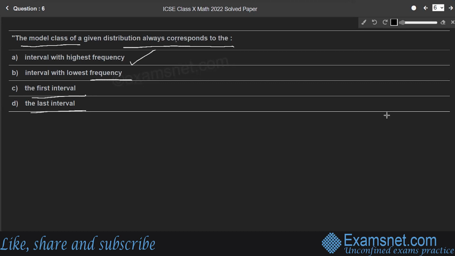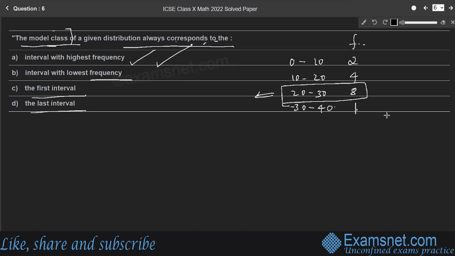So let us consider intervals 0 to 10, 10 to 20, 20 to 30, 30 to 40. 4 intervals and the corresponding frequencies are 2, 4, 8, 1. Here the interval with highest frequency is 8, therefore the model class is the 20 to 30 class interval, right? Therefore option A is the right answer.